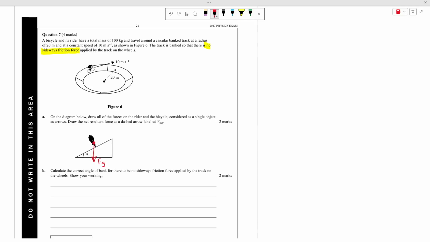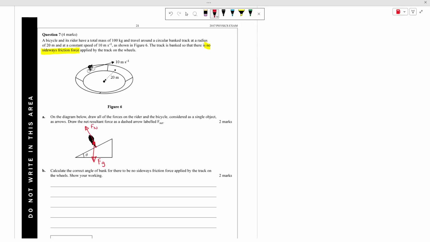There is also a contact force, or normal force, between the wheels of the bike and the surface. We draw a normal force at the point of contact, perpendicular to the surface. There's no friction, so those are the only two forces.